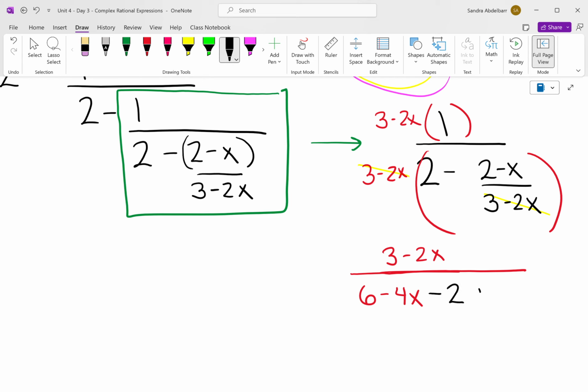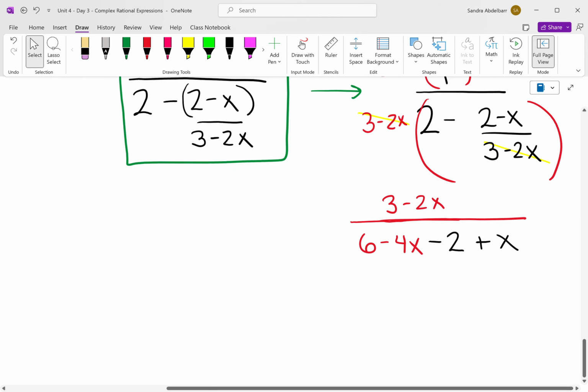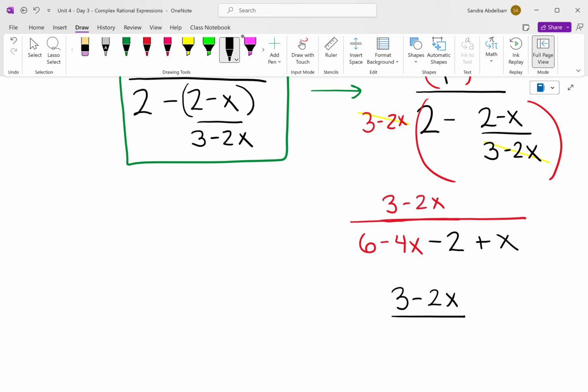Just a -1 now. So this is going to be -2 plus x. Combine our like terms. So now we are 3 minus 2x over 4 minus 3x.